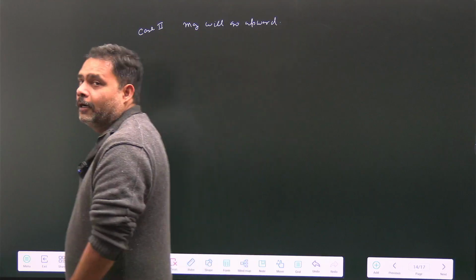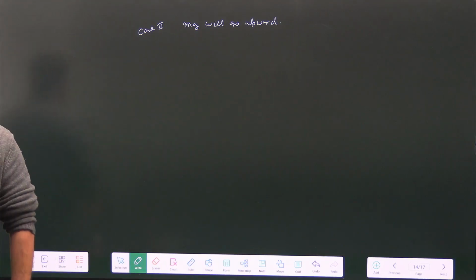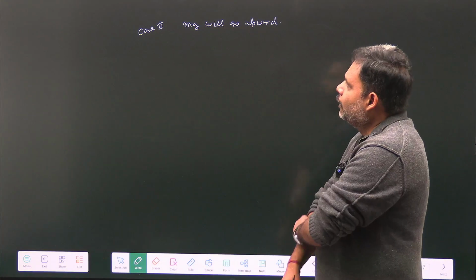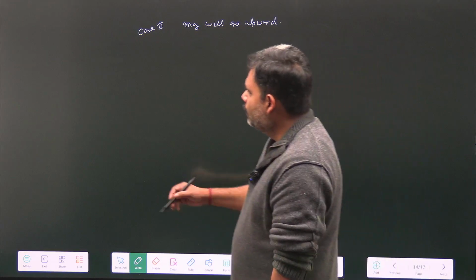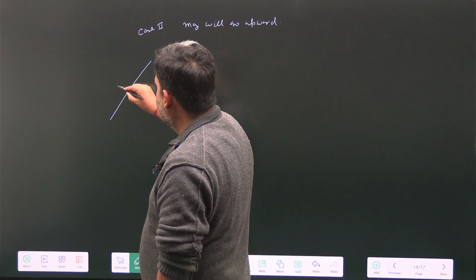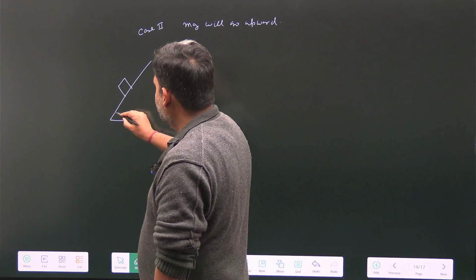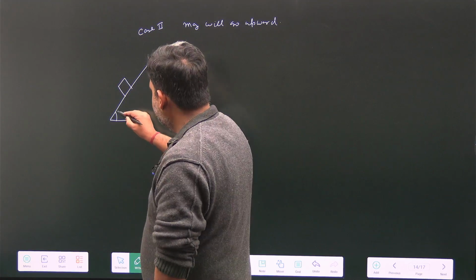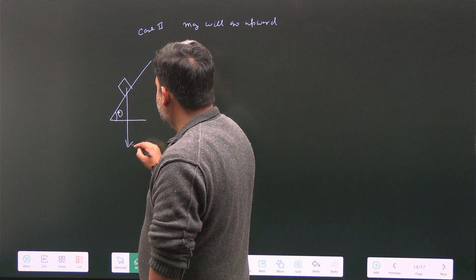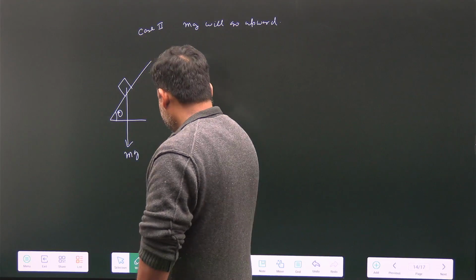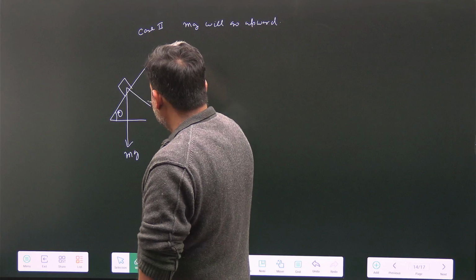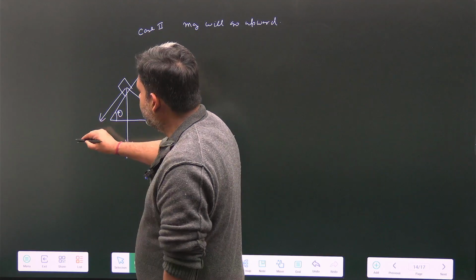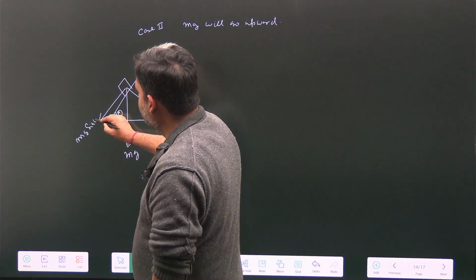mg will go upward. This is all about your case 2. So what is going to happen in this particular case? Again, we have this particular mass. Sorry, this angle is theta, not alpha. Obviously, this is my mg, this one is mg cos theta, and another is mg sin theta.